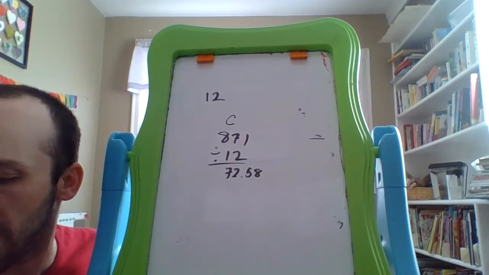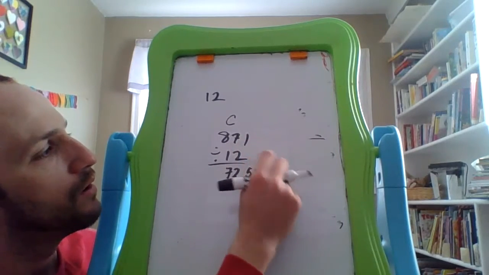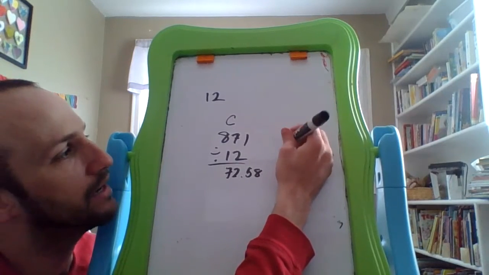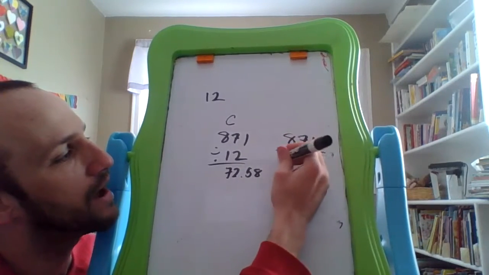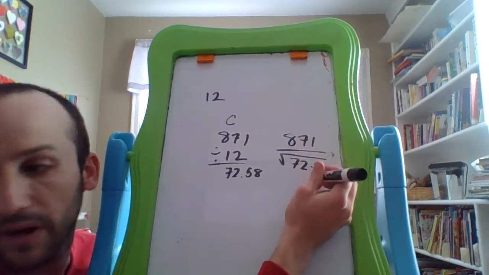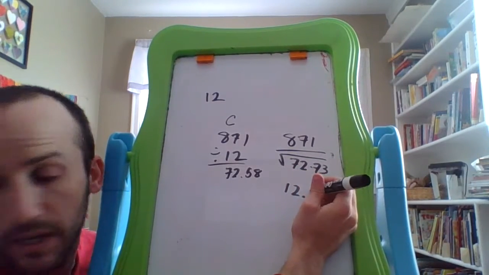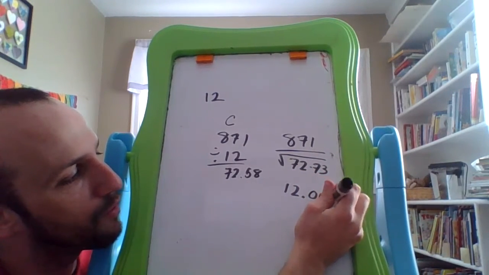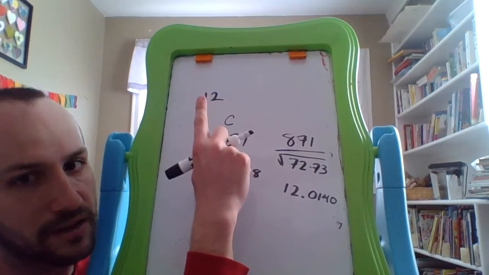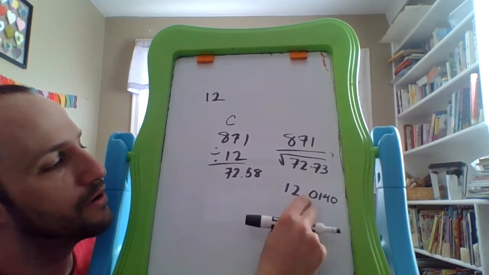To find out what our new divisor could be, we take 871 and divide it by the square root of 72 times 73, and we essentially get 12.0140. So we're at 12, we want to push that divisor up, and this is how we could find a new divisor.